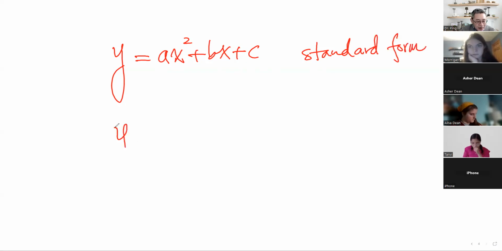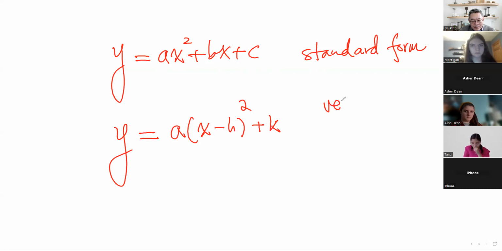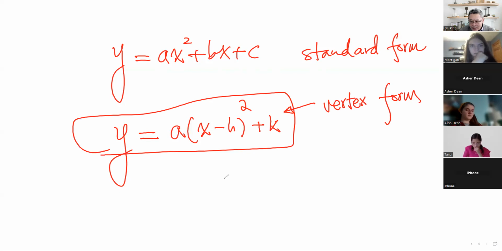We also have another form, which looks like this: y equals a times x minus h squared plus k. This is called the vertex form. The reason we call this the vertex form is that this equation gives us the vertex.